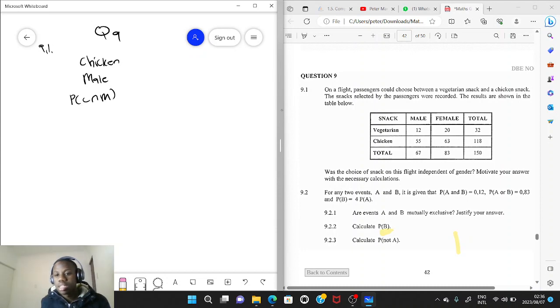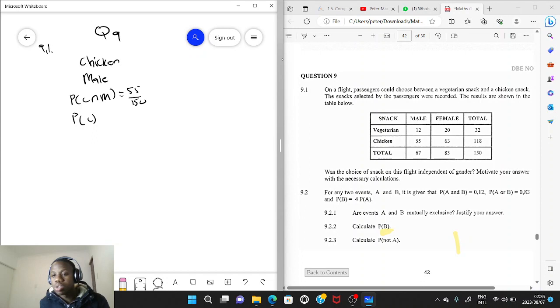So what is the probability of the males who ate chicken? I know 55 males ate chicken, so I'll have 55 over 150. Now I consider the probability of those who eat chicken only, irrespective of the gender.